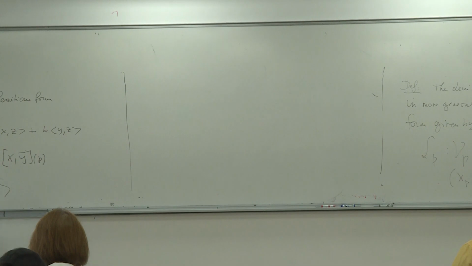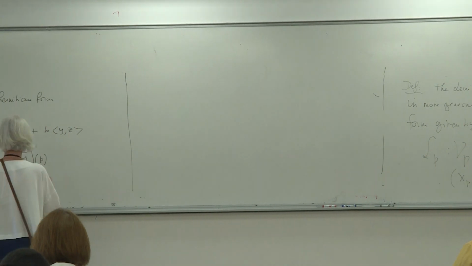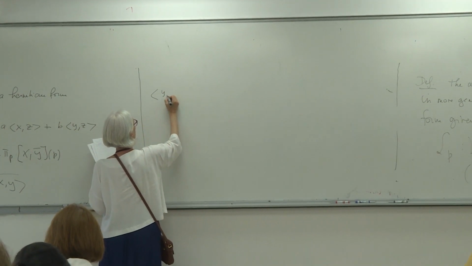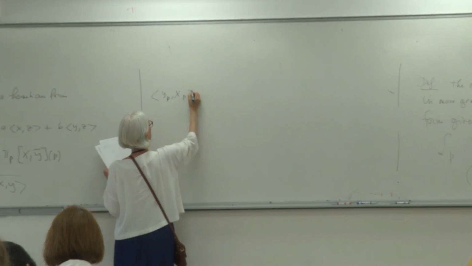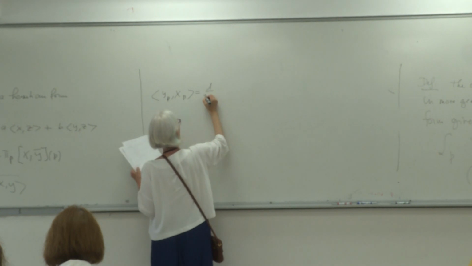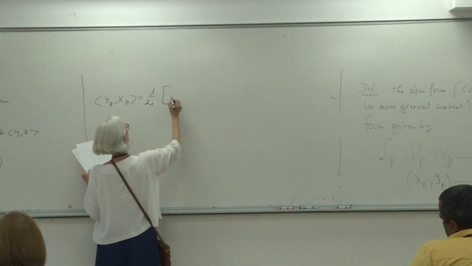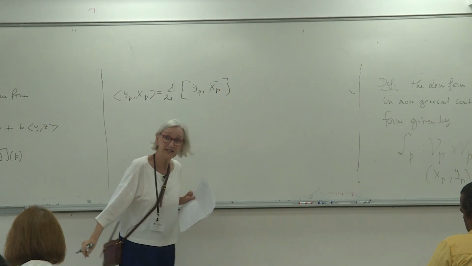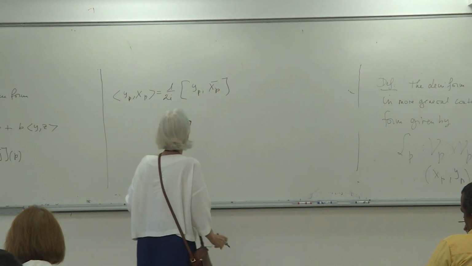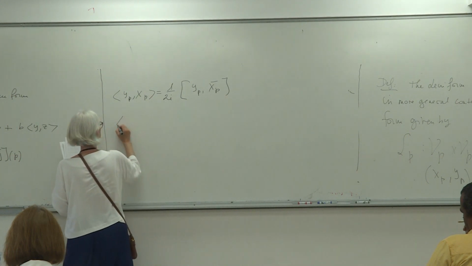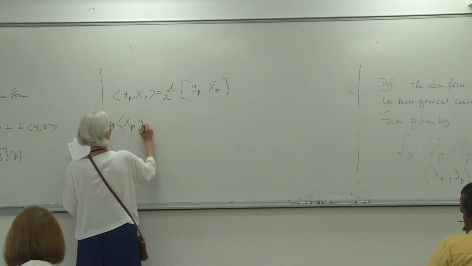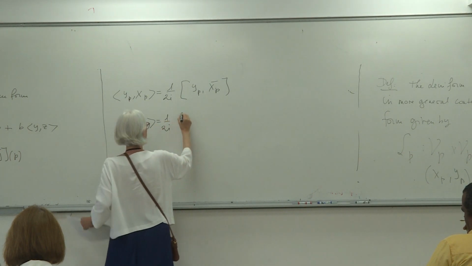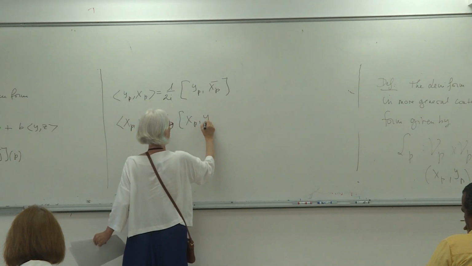So what does it mean? So you have to, what is yp xp? By definition, it's 1 over 2i yp xp bar, right? And xp yp, it's 1 over 2i xp yp.